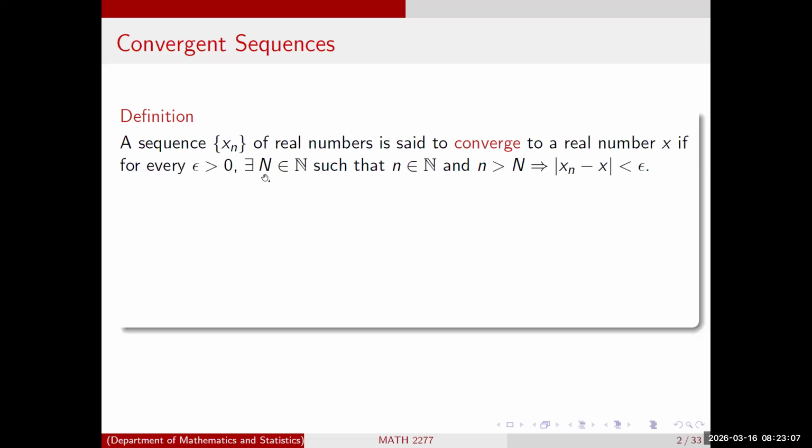For example, if big N happens to be 10, then for any term ahead of 10, so x11, x12, x100, x1000, the distance between those terms and this limit x is within whatever epsilon I give you. And if I make epsilon smaller, maybe N goes up to 15. Then you will take x16, x17, x18, and so on.